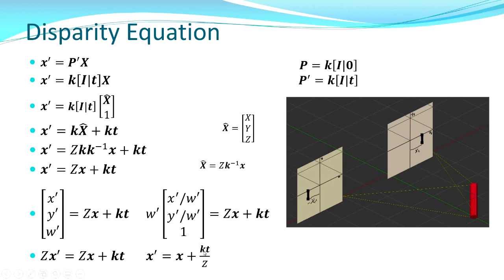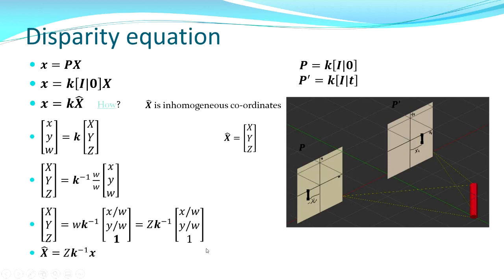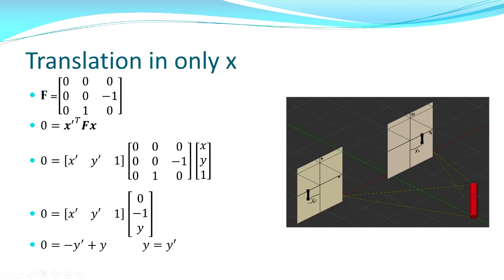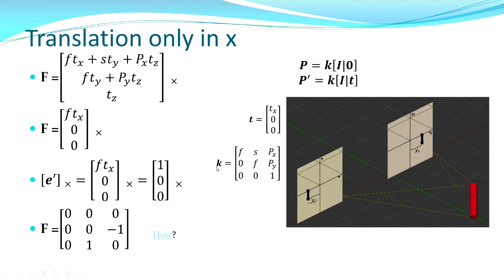Now if you take a special case of only translation in x, then you will see that this K t just becomes f t_x. Here you have seen that I have multiplied.